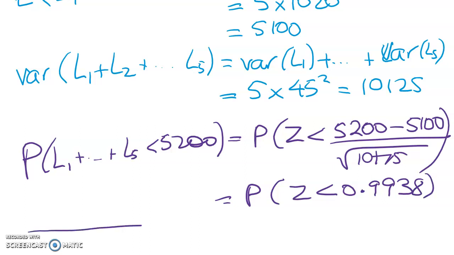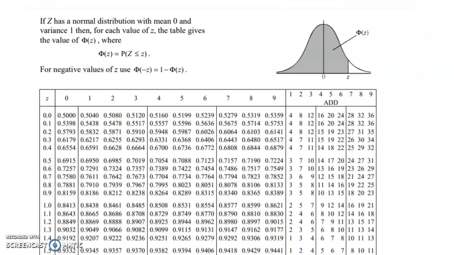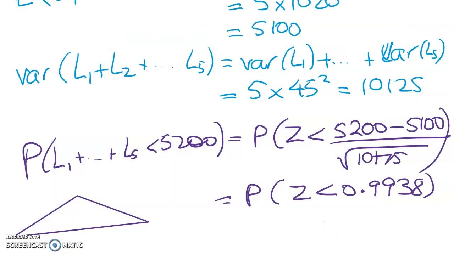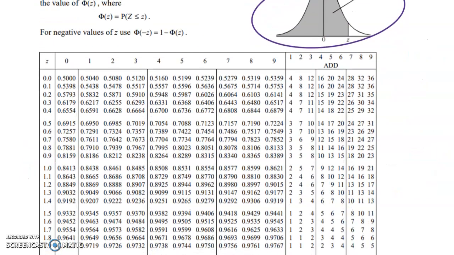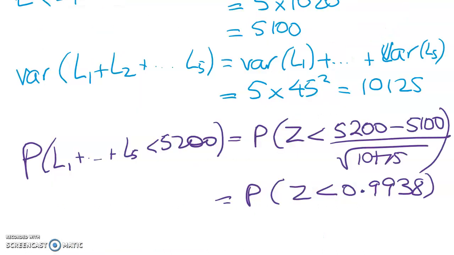0.9938. If you look now at your normal table, which is on this page, you can see that that's in the form that we want. We want the probability that we're below a positive value. So in here, we have to go to 0.99, and then I can only go to one more decimal place, so I'm going to go to 0.994. And I need to take this value and add on those 10 little points.